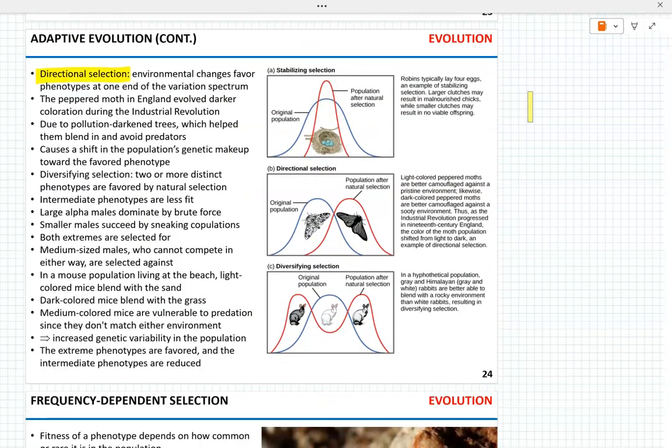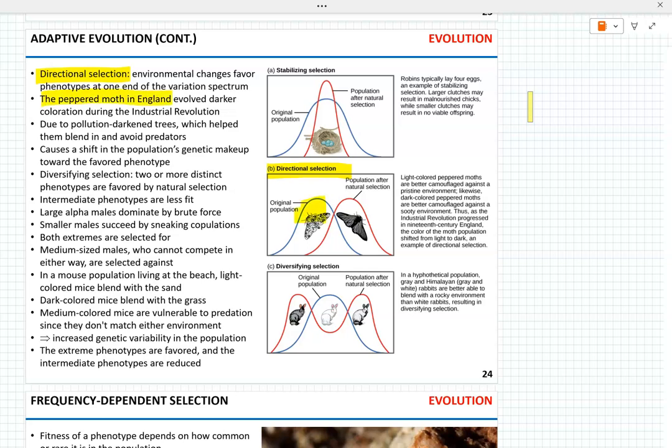Directional selection is when the environment favors the phenotype at one end of the variation spectrum. The most famous example is the peppered moth in England.